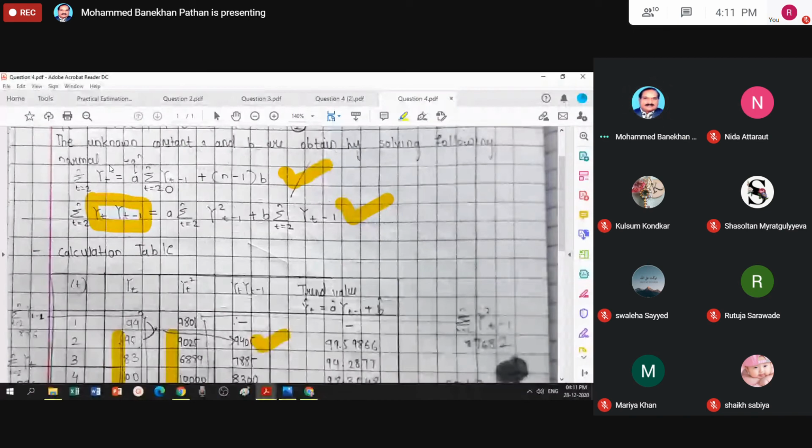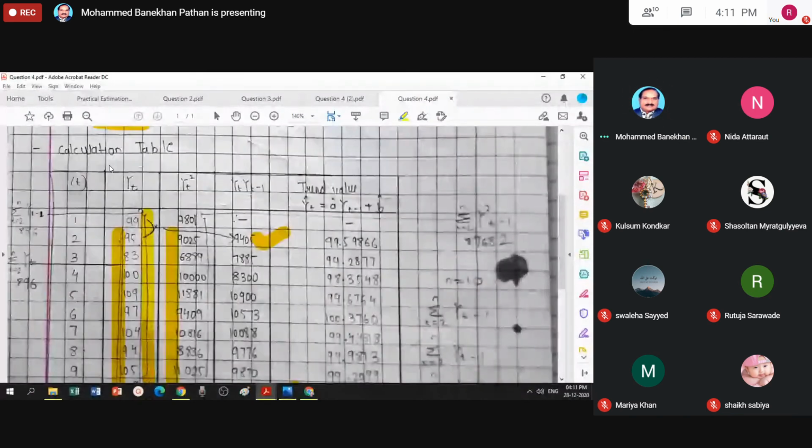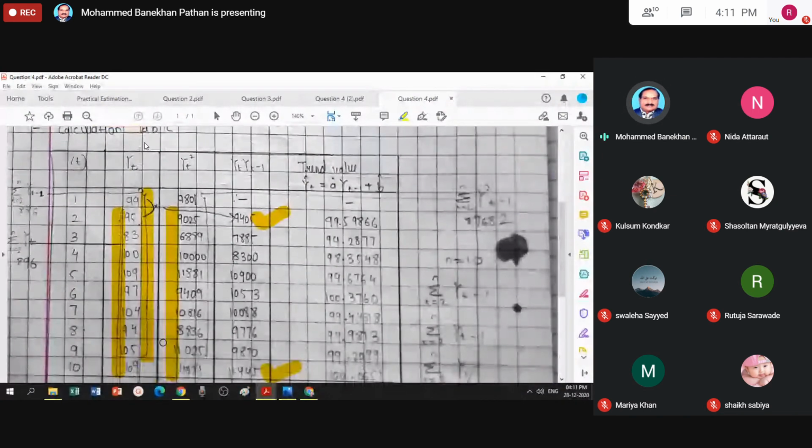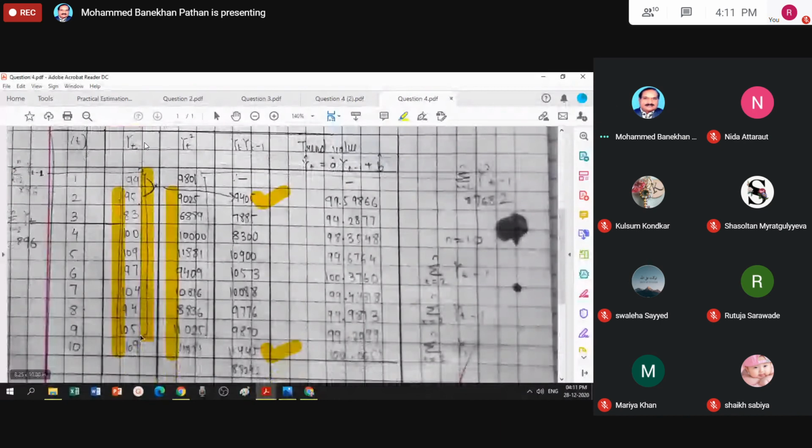calculations. This is your calculations for, start from 99, continue till here. This is your from 1 till n minus 1. It is from 2 till n. That is the difference. So this is from 2 till the end.